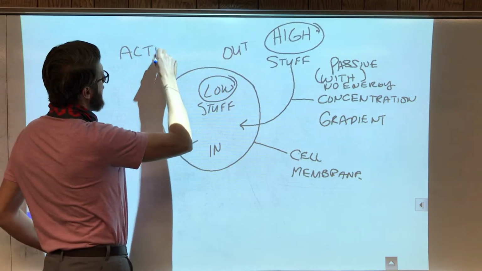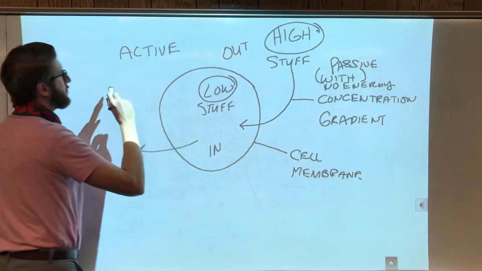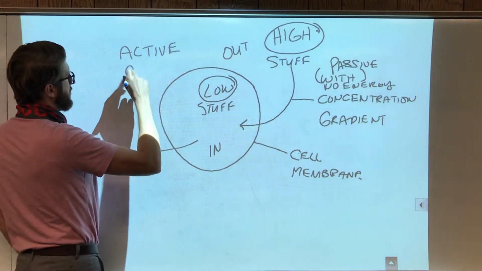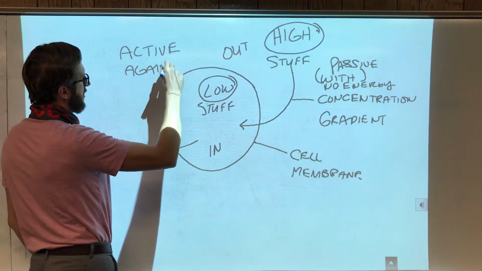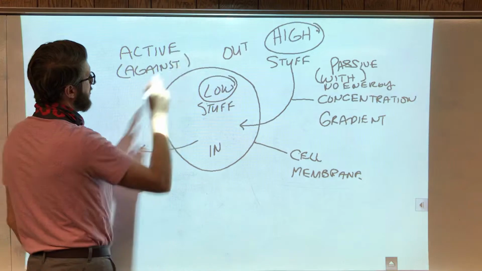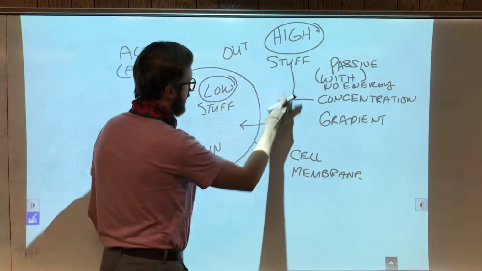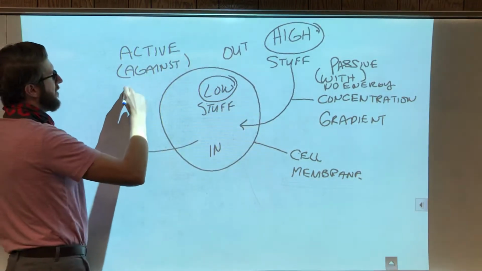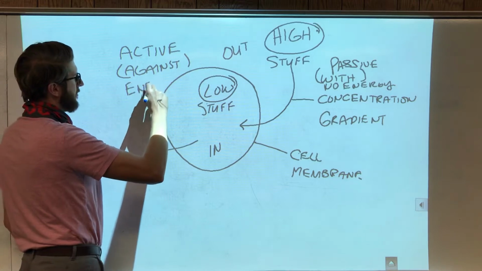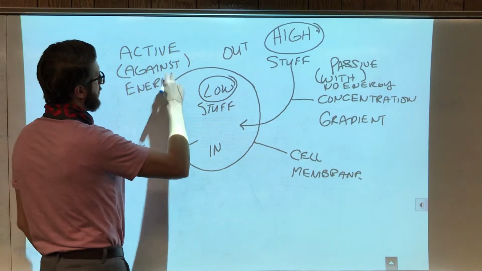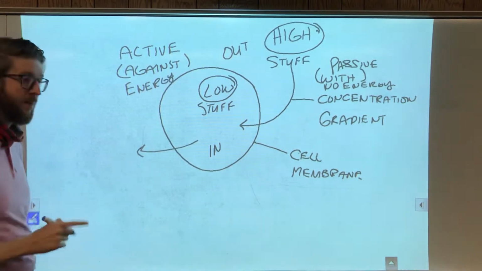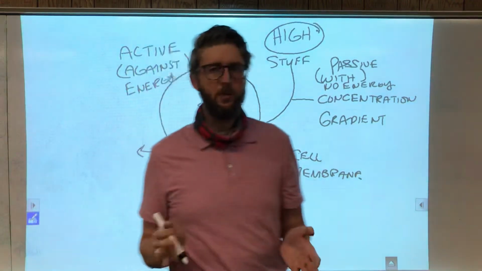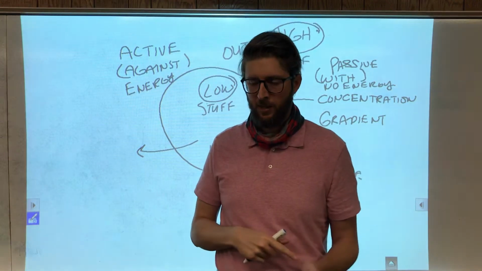And that's called active transport. That goes against the flow or the concentration gradient, and that does require energy. All right, now that was just a quick recap of what we talked about last time.